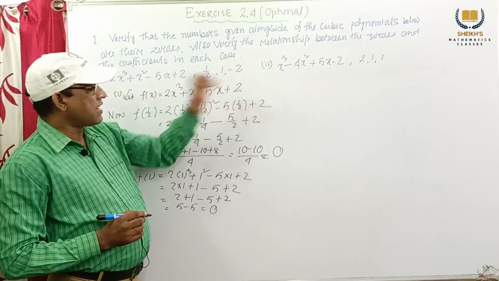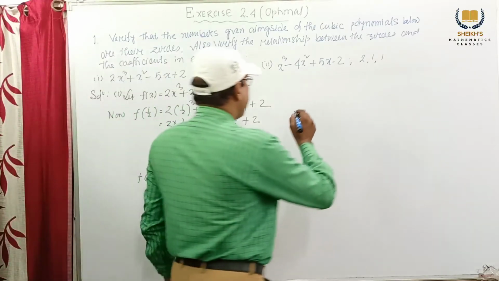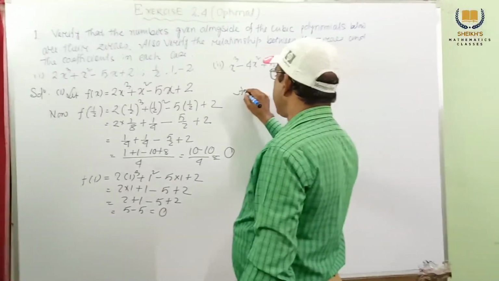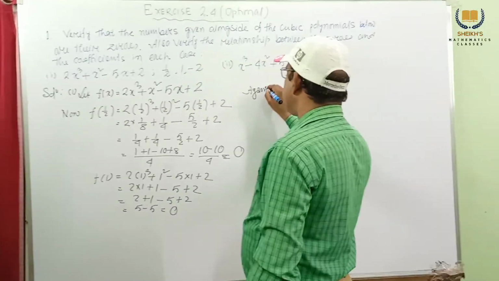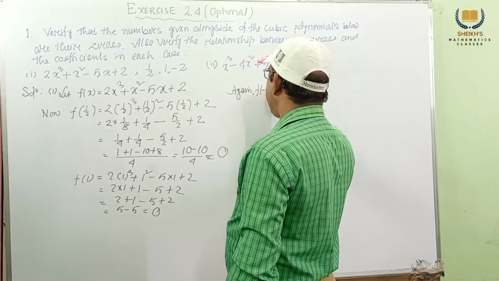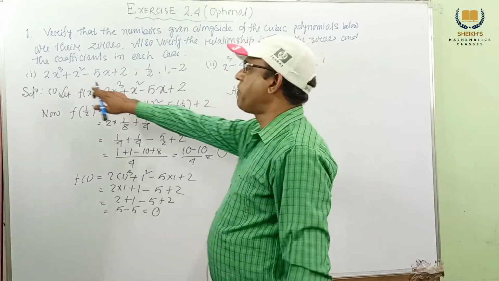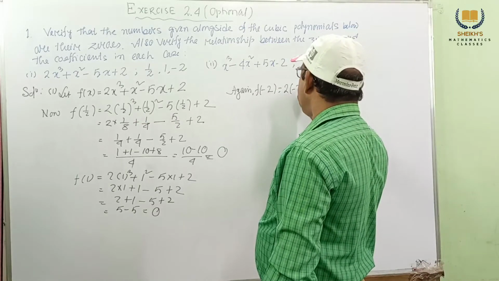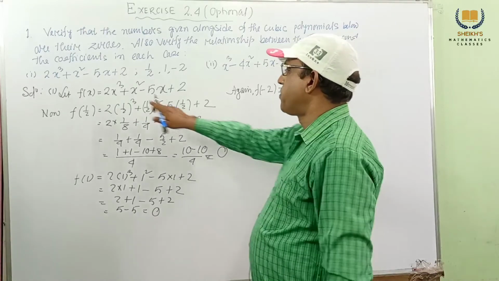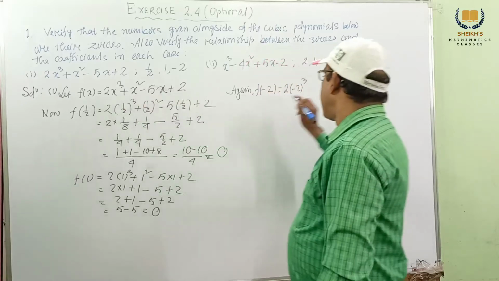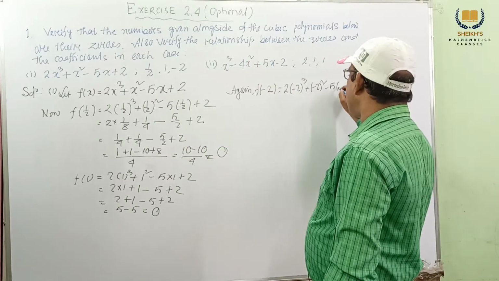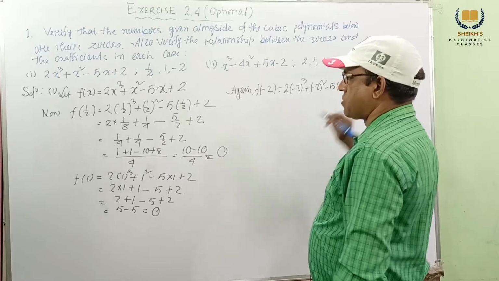Next, we consider the last value, f of minus 2. In place of x, we put minus 2. So 2 into minus 2 whole cube, plus minus 2 whole square, minus 5 into minus 2, plus 2.